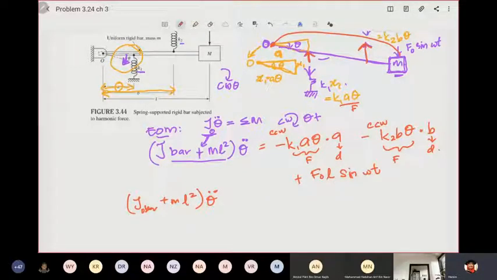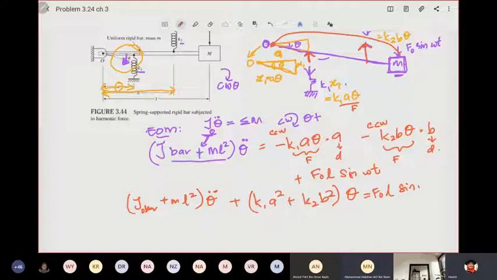Everything negative will go to the other side of the formula, so you have to collect all the terms. So you have K1 A square plus K2 B square, everything times theta. Are you with me? Which equals your F naught L sine omega t.